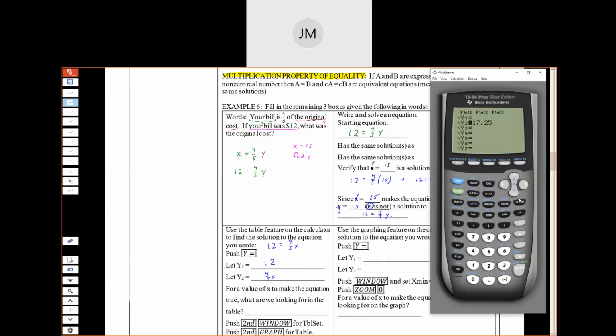So we're going to make y1 12, and we're going to make y2 4 divided by 5 times x.